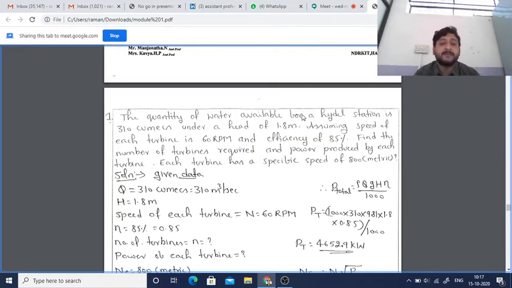The first problem says that the quantity of water available for a tidal station is 310 cubic meters per second under a head of 1.8 meters. Assuming the speed of each turbine is 60 rpm and efficiency is 85%, find the number of turbines required and the power produced by each turbine, if each turbine has a specific speed of 800 metric.